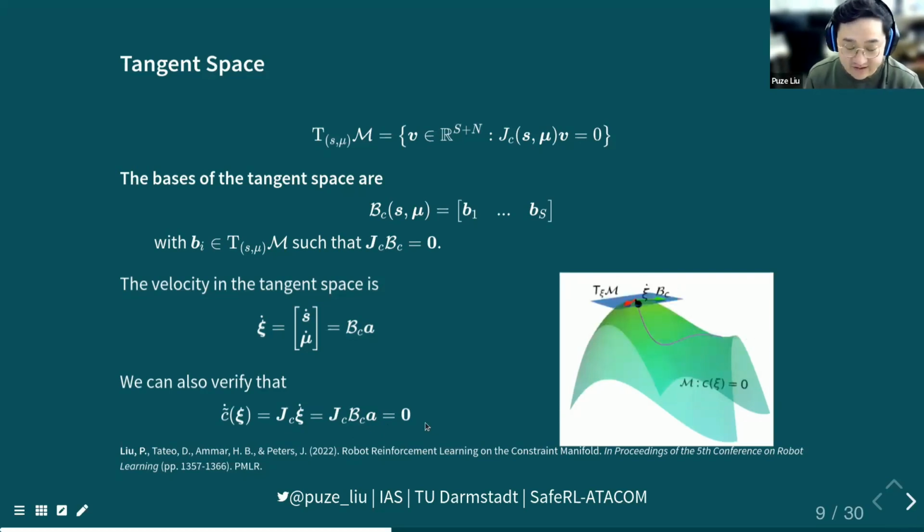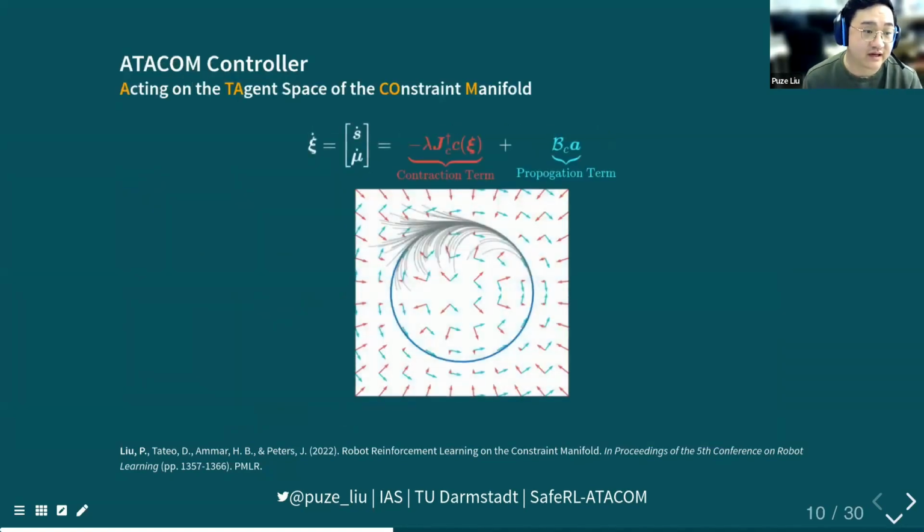In this case, we can choose arbitrary A while maintaining that our constraint violations equal 0. Therefore, we have constructed our ATACOM controller, which stands for acting on the tangent space of the constraint manifold. In this controller, we add another term into the state velocity, which is the contraction term. The propagation term tries to be tangent to the manifold at each point, and the contraction term tries to retract all of the points back to the manifold.